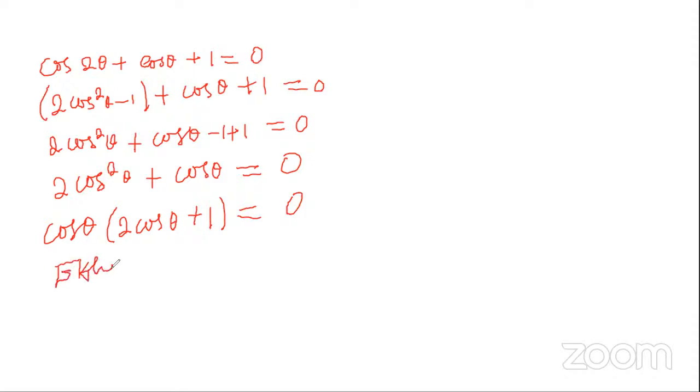So now we equate the corresponding factors. Cos theta is equal to 0. Then cos inverse of 0 is 90 degrees.